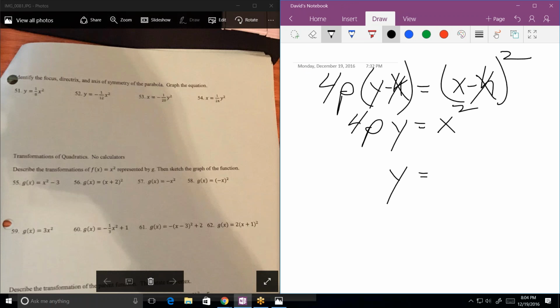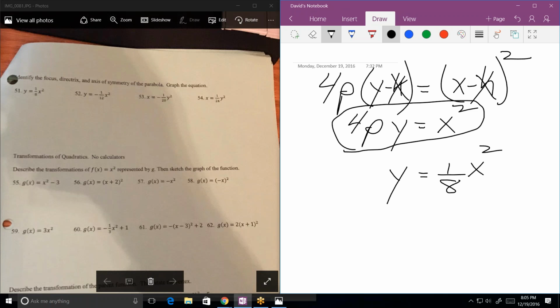How do I best turn it into something where I can immediately calculate p? Notice that in the general formula, there's no coefficient in front of the x squared, and yet in the equation they gave you, they put a coefficient in front of the x squared. So we want to get rid of that.